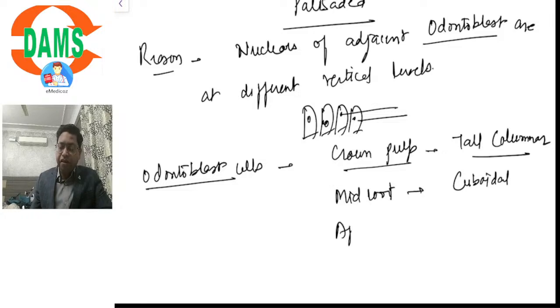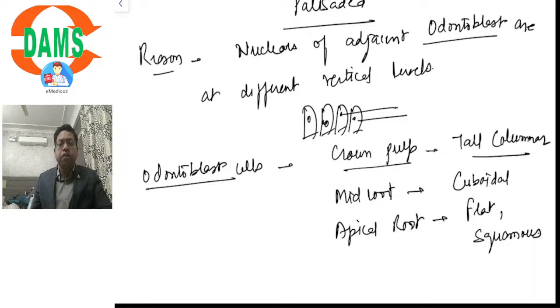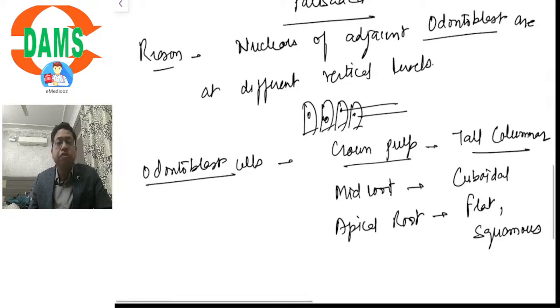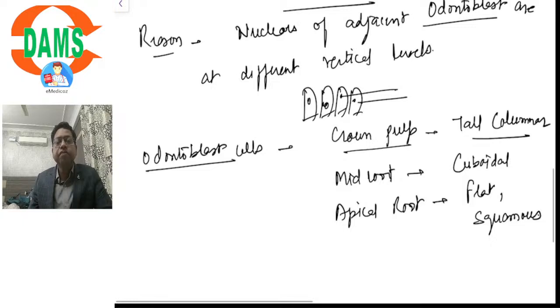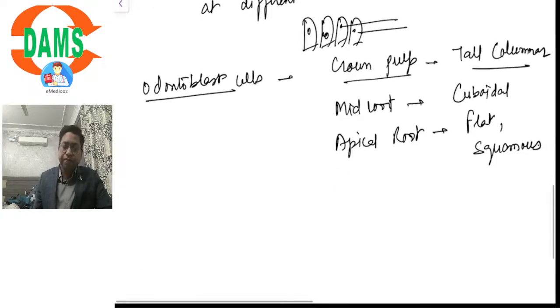And in the apical portion of the dental pulp, they are flat, squamous in shape. So the pulp from the crown to the root throughout is outlined by a single layer of cells that appears pseudo-stratified under the microscope, the reason I have told you already. And the shape of these odontoblast cells changes from tall columnar in the crown to flat squamous in the apical portion of the dental pulp.